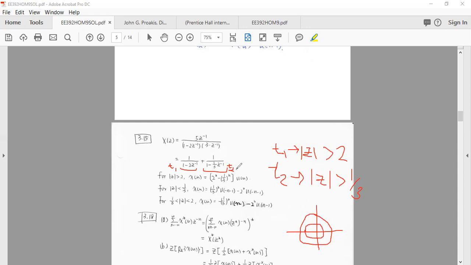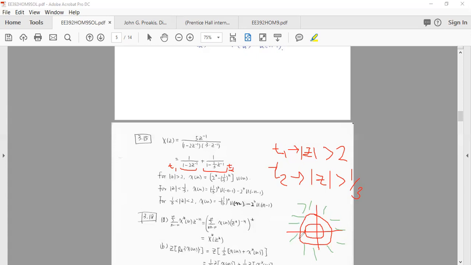So in order for the overall signal to be causal, it has to be greater than 2, isn't it? It has to be greater than 2, for all this portion over here. So it has to be causal on all this area over here.